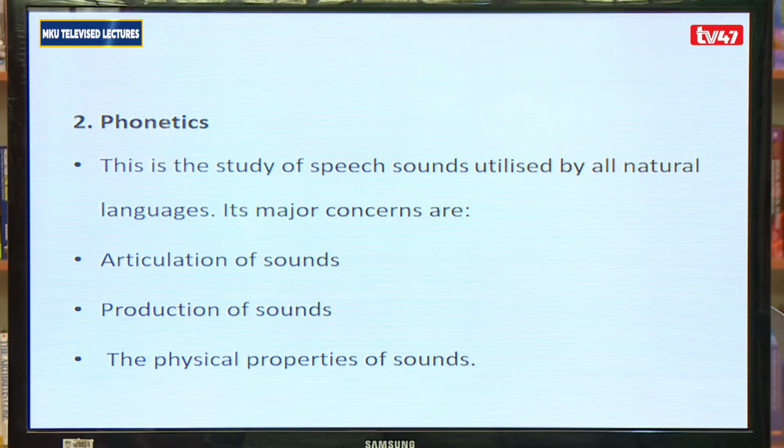And we'll look at the major concerns of phonetics. What is phonetics concerned about? Phonetics is concerned about three major areas. What are these? Number one, articulation of sounds. How are the speech sounds produced?